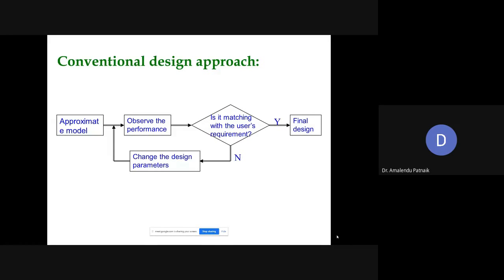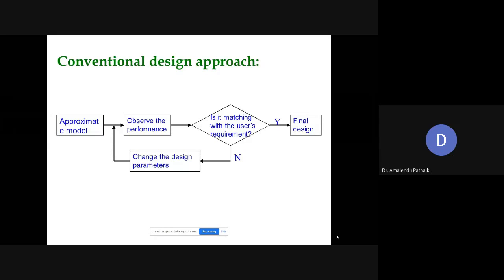Approximate model means depending on the closed form formulas that are available with us, or using our own experience, we are choosing the different dimensions or different parameters of the antenna.